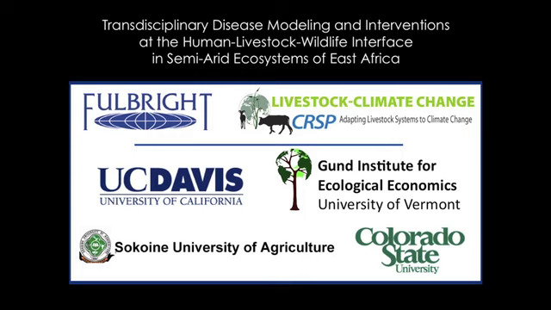And GUND is a partner on the ecological economic side of things, and we've really driven the social science and the survey work and the focus groups and all of that, really the people side of the project. We're recently working with Colorado State University, who've done some really interesting agent-based modeling around pastoralists that we're trying to incorporate into this work. And our strong local partner is Sokoine University of Agriculture in Tanzania, which is where I was for my sabbatical.